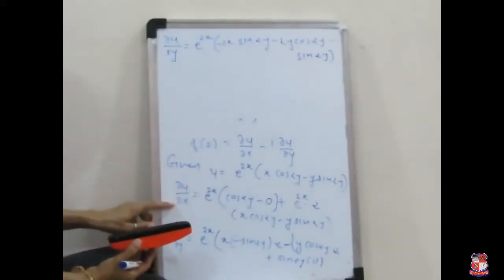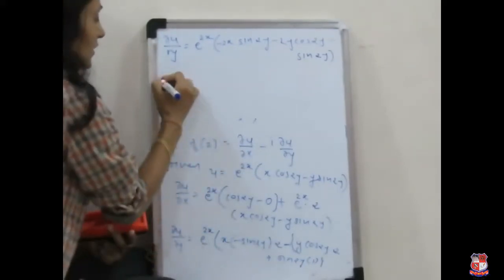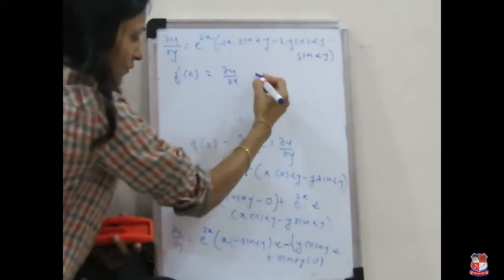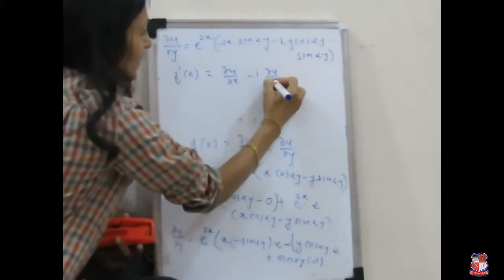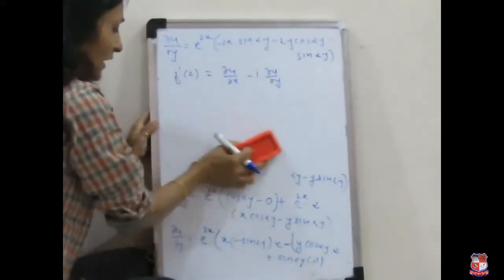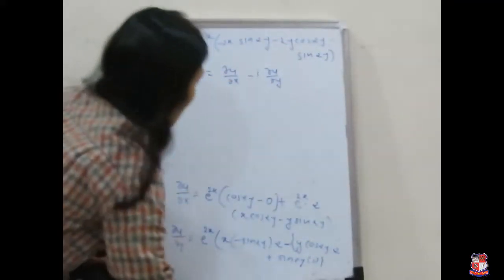Now we have to put del u by del x and del u by del y in this equation, f dash z is equal to del u by del x minus i del u by del y. Put both values in f dash z.